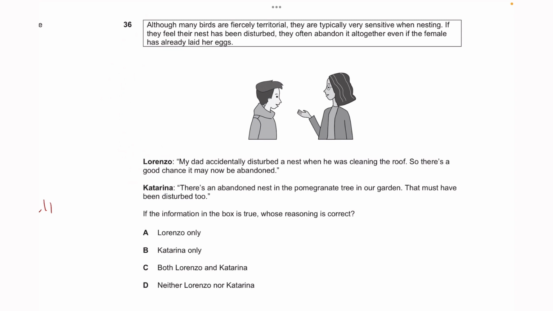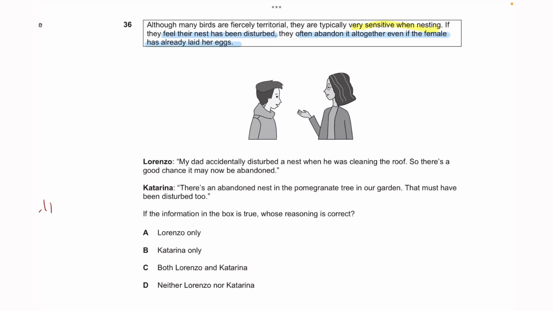So we can see here that we've been given a little scenario. They become sensitive when nesting. Not completely necessary, but it helps us set the scenario up. Now, this is where the important information is. If they feel their nest has been disturbed, they often abandon it altogether, even if the female has already laid her eggs.